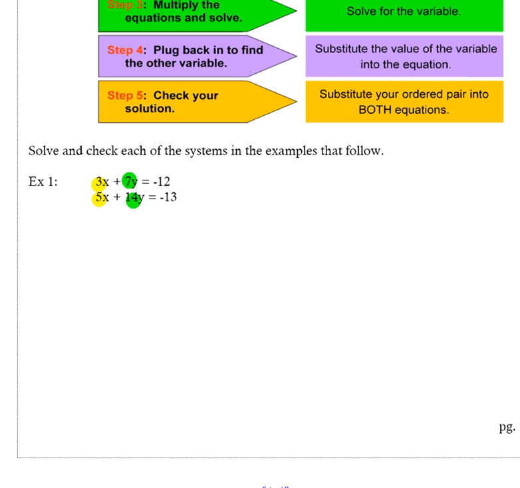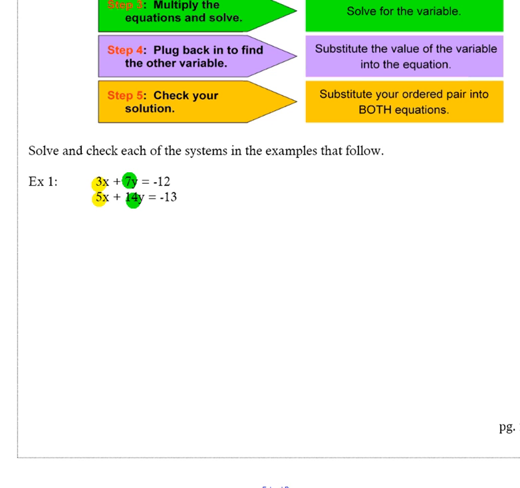So what I have to do is go through one or both of the equations by multiplying through a number that will make one of my variables fall out.